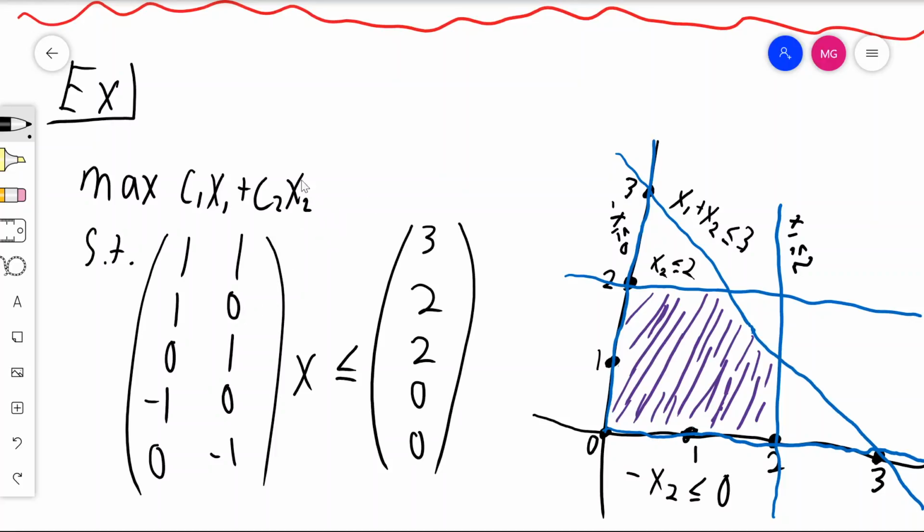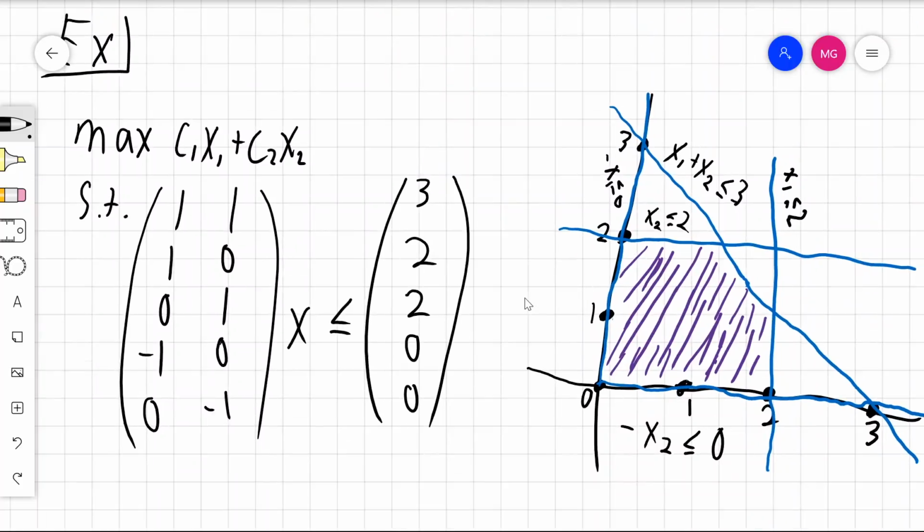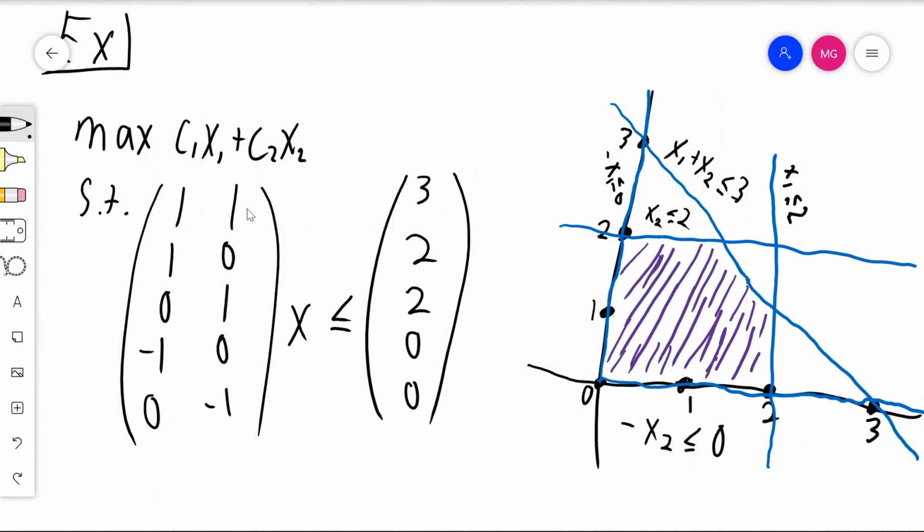So this is in two-dimensional space. We have two components, x1 and x2. So we can draw this on the plane here in R2. And if you look at this set of constraints here, this row corresponds to a constraint, and so I have x1 plus x2 is less than or equal to 3.